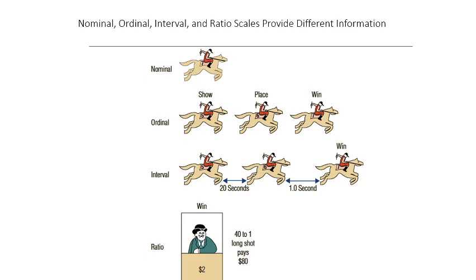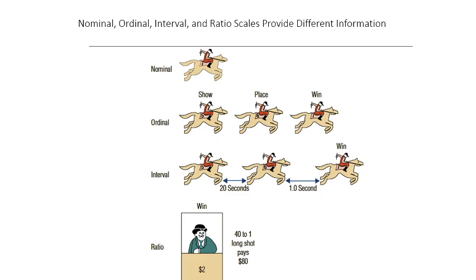So order ranking is slow, place, win. The first one is winning, second one is place, and the last one is slow. This is the order. Interval is what? The 5th, 6th and 7th horses. 7 is winning and is 1 second earlier than the 6th, and then the 5th is 20 seconds later than the second one.